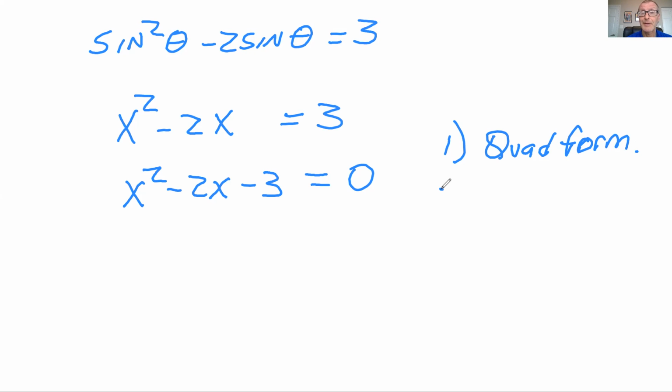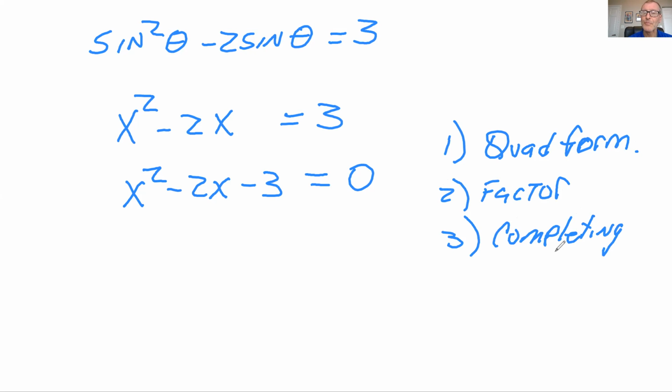The other way was to factor. And the third way we talked about is completing the square. In this section, I believe we will be focusing on factorization. When you do the factoring, there's a variety of ways of factoring. Check out some YouTube ideas. I'll give you what works for me.